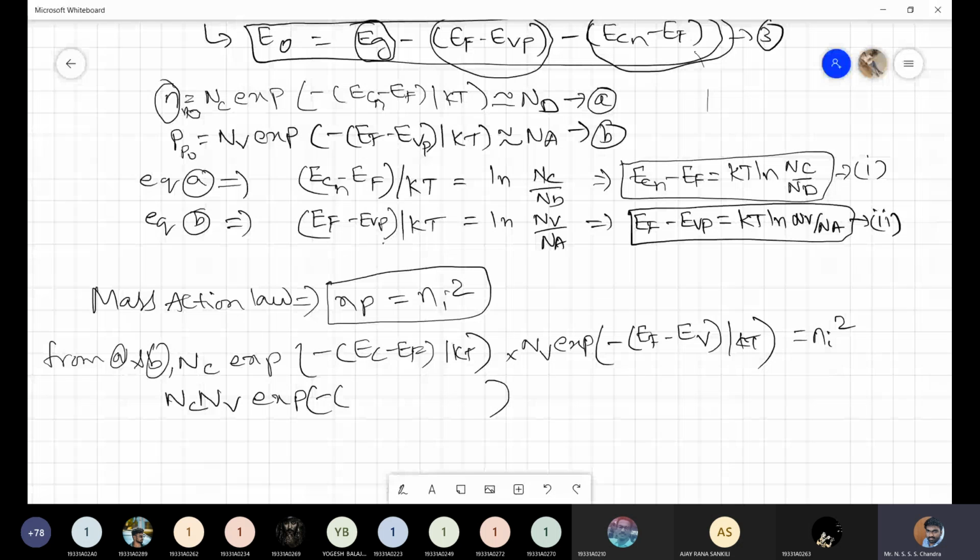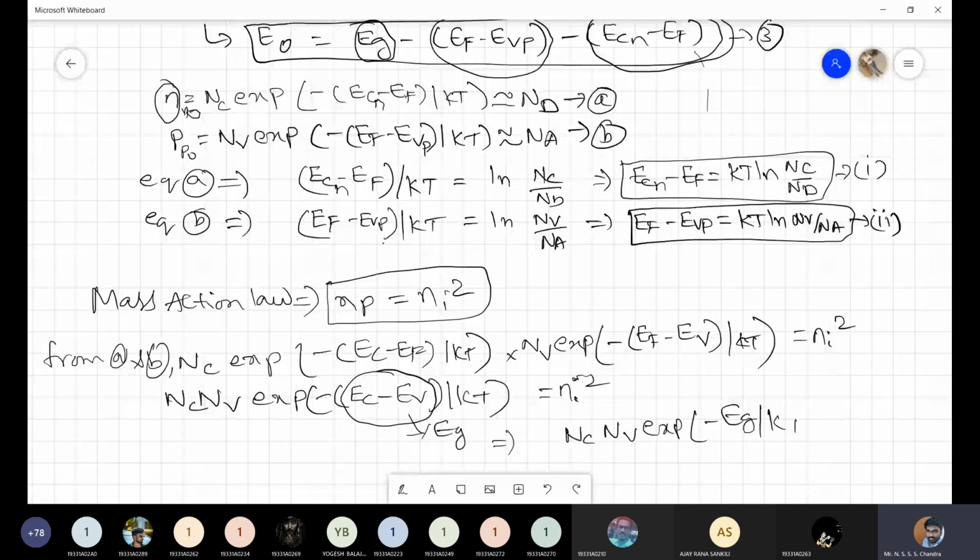You'll be left with EC minus EV by KT equal to n_i squared. Now this EC minus EV is nothing but your energy gap EG. So I'll rewrite it as NC into NV exponential of minus EG by KT equal to n_i squared.